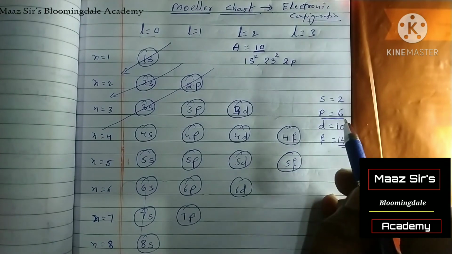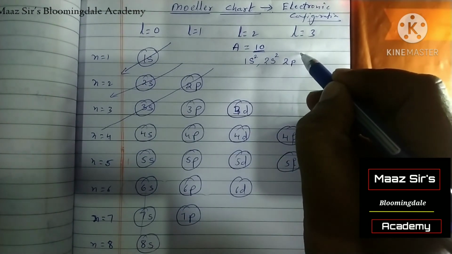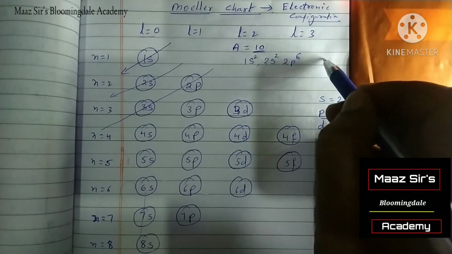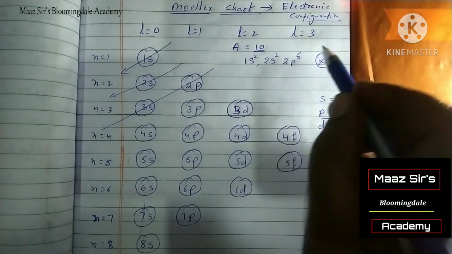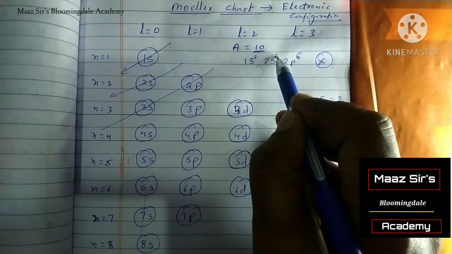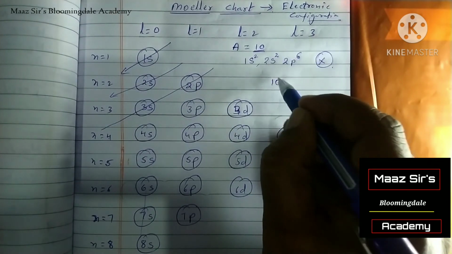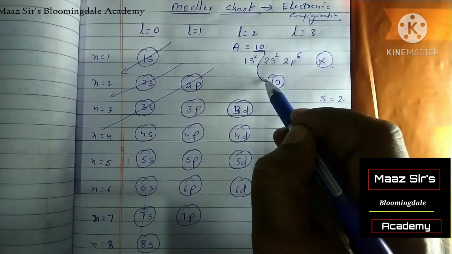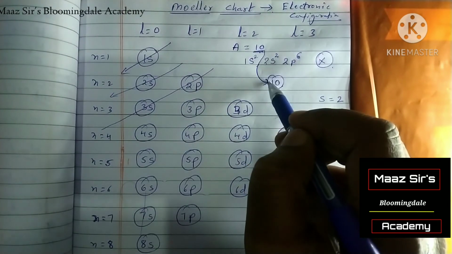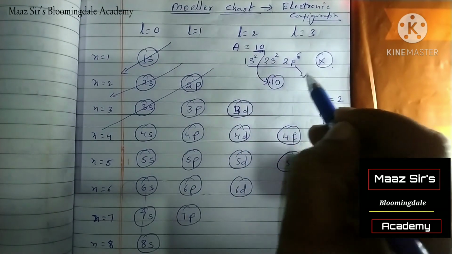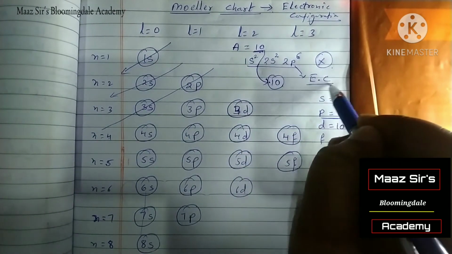It can take 6 electrons, so I write 6 here. Can I take more electrons here? No. Why? Because when I add these electrons, 2 plus 2, 4, 4 plus 6, 10. I am getting 10 electrons, and the total should be equal to the atomic number. So here I have to stop. So this is the electronic configuration.